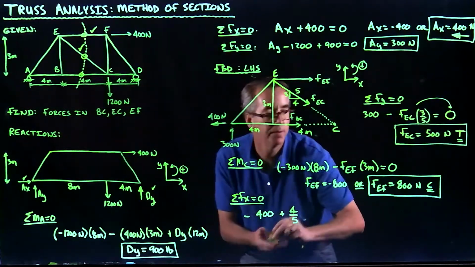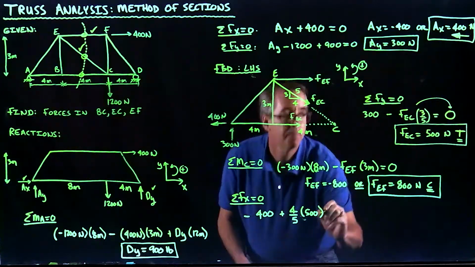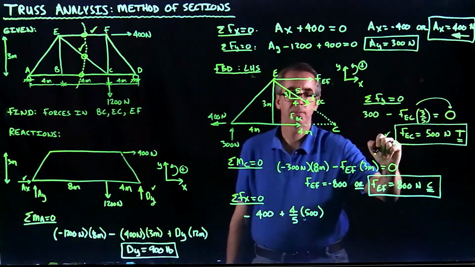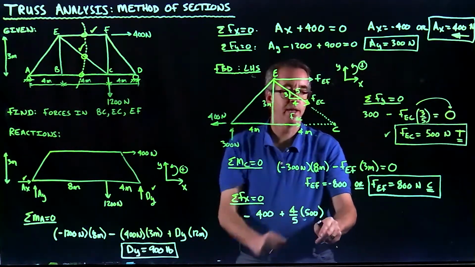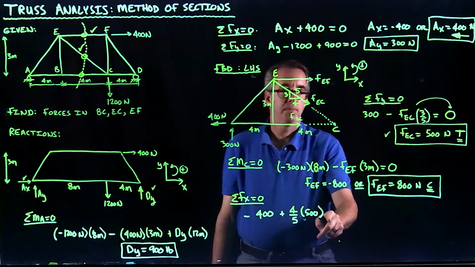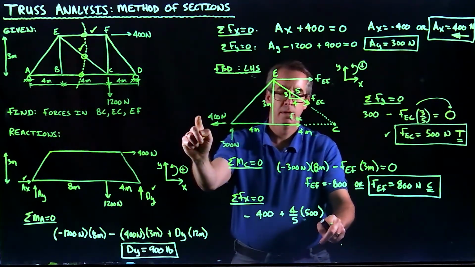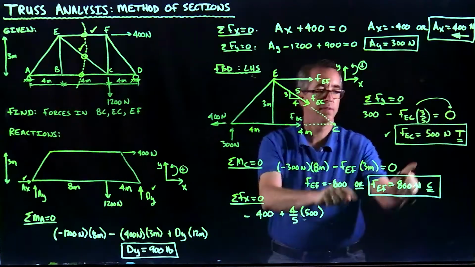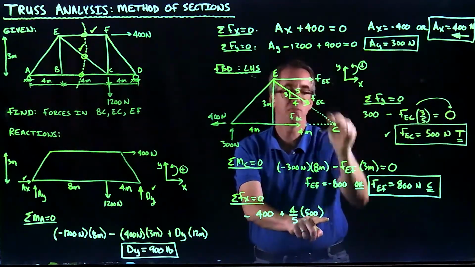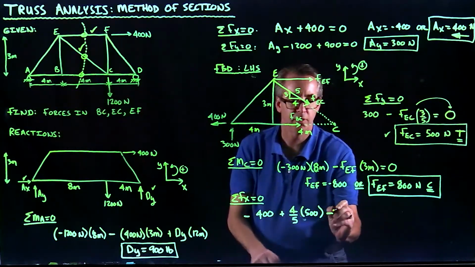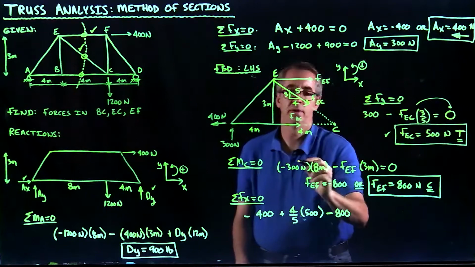So I've got 4/5 of 500, which we knew from here. This is going to be positive. I've got 4/5 of EC. Okay, I'm going to have EF, which we just solved, and that's in compression, so that's minus, right? It's going off to the left.